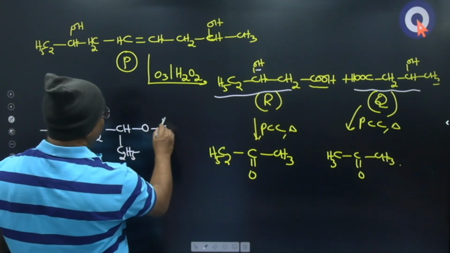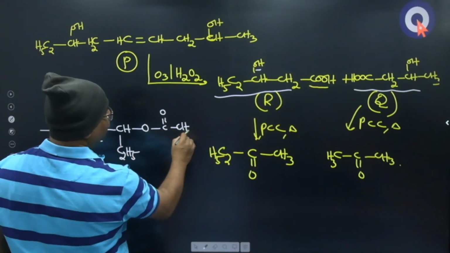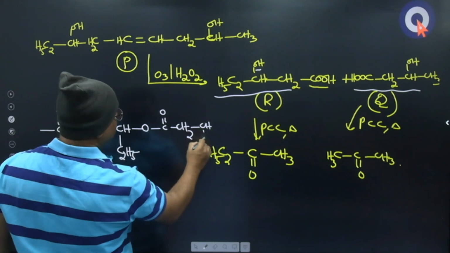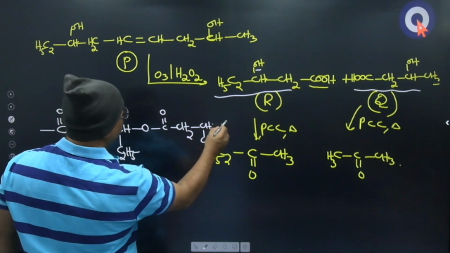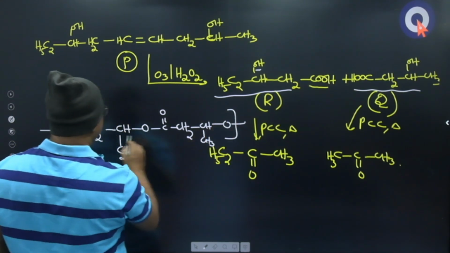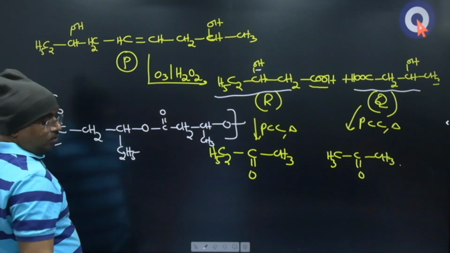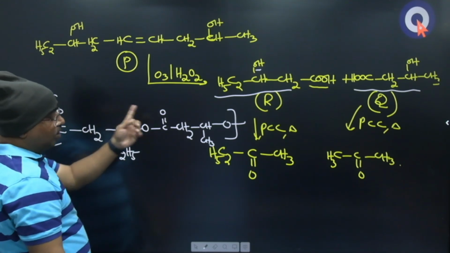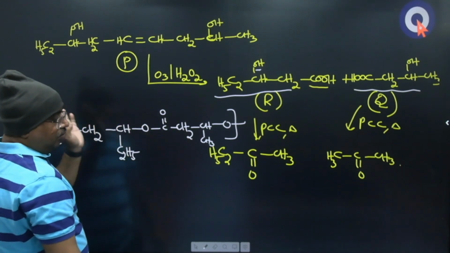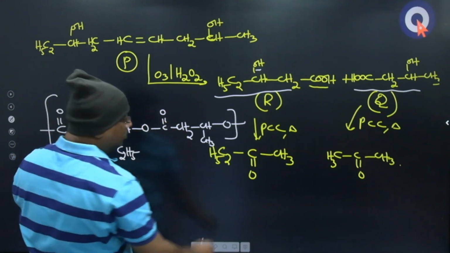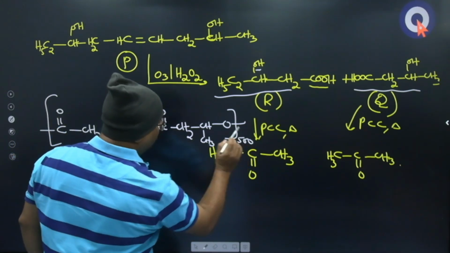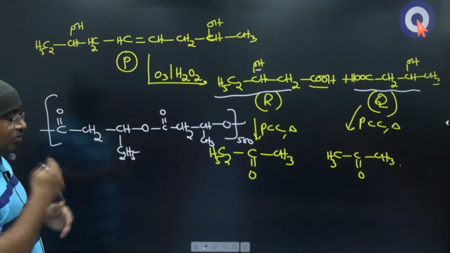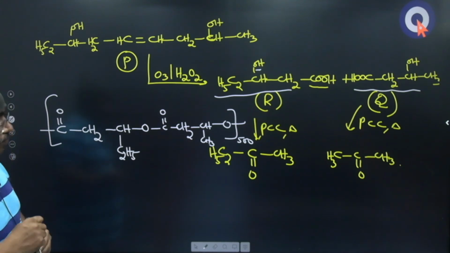So C double bond O, CH2, CH, CH3, its O is reacting with another one. So one molecule of this, one molecule of this. 500 moles of this, 500 moles of this. So your polymer will have 500 units like this, repeated units.